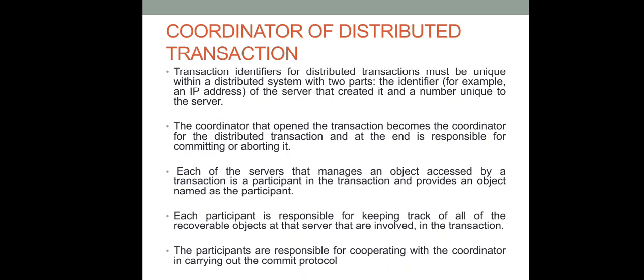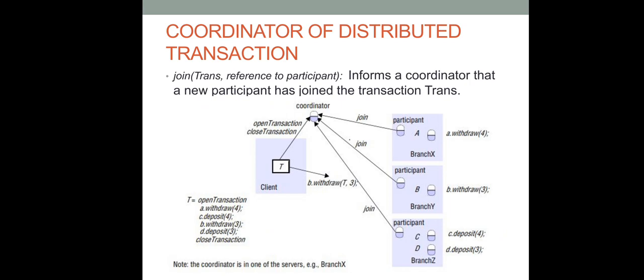So when the client accesses any server for the data, it will send the transaction identifier, and that server which has the data will inform the coordinator about this. So at the end, the coordinator will know all the servers which were accessed by the client transaction during the entire process.